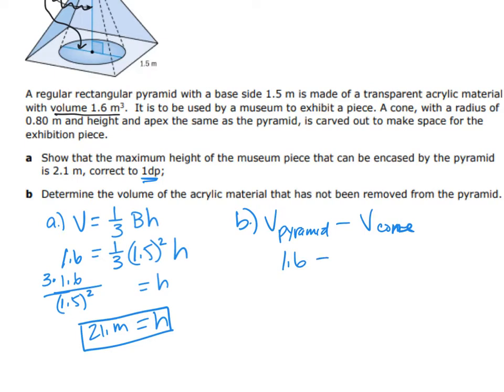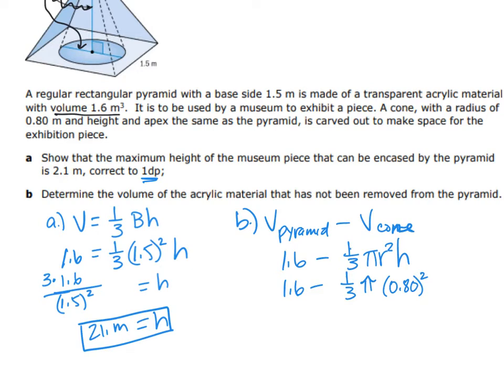Then we're going to subtract the volume of a cone. The volume of a cone is 1/3 the area of the base, which is pi r squared, times the height. So that would be 1.6 minus 1/3 times pi times our radius, 0.80 squared, and then times the height.